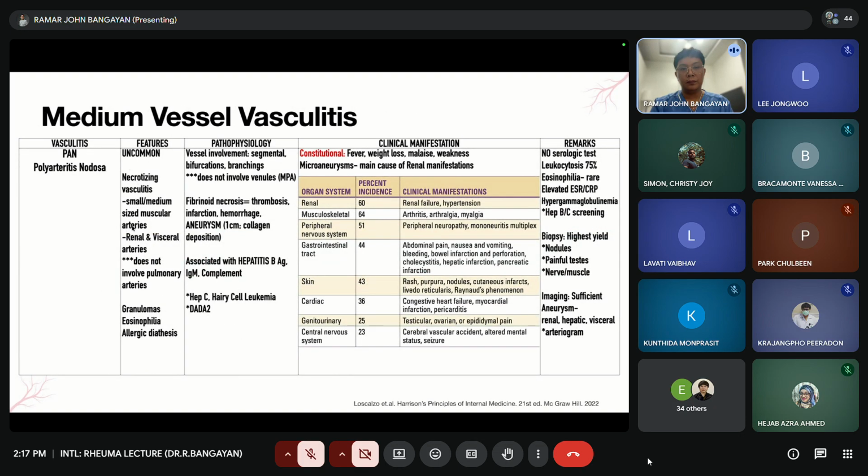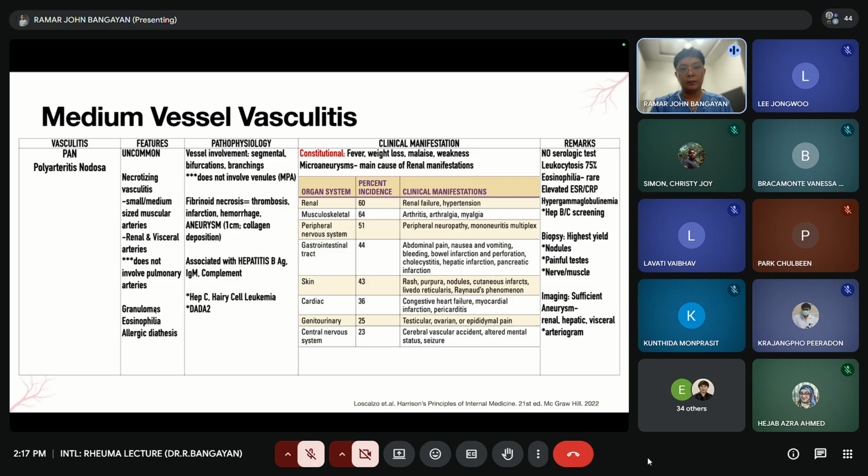Okay, PAN. It's still the same name. It wasn't changed, but it's relatively uncommon. Again, this is necrotizing vasculitis involving small or medium-sized muscular arteries, especially the visceral arteries and renal arteries, your mesentery, and the like. It does not involve pulmonary arteries.